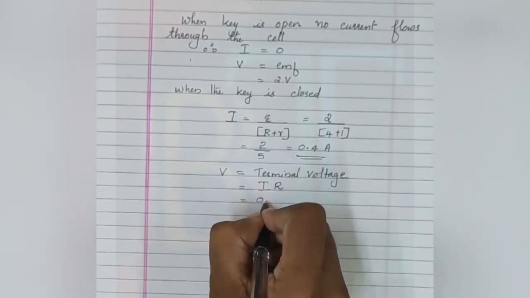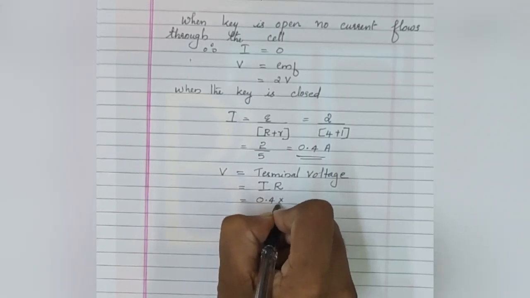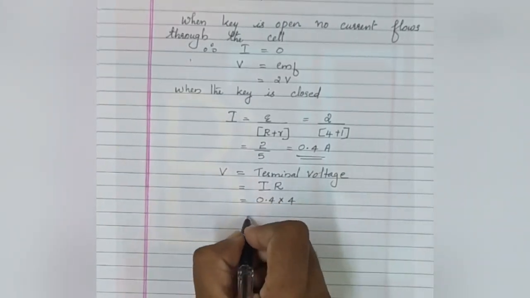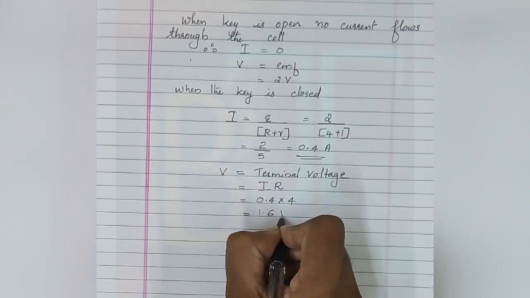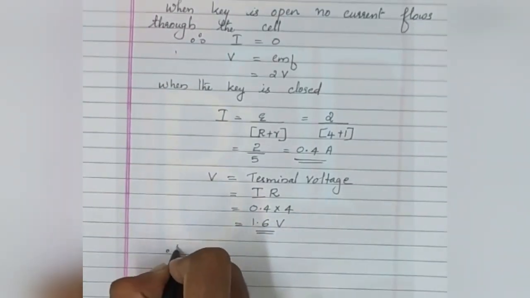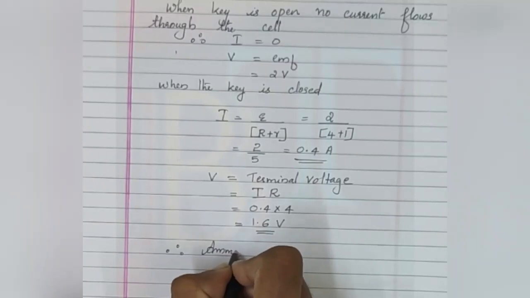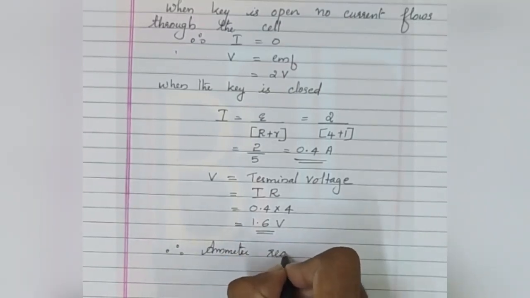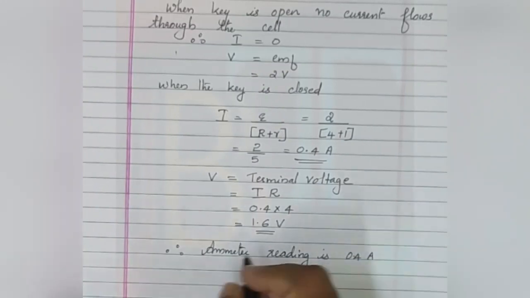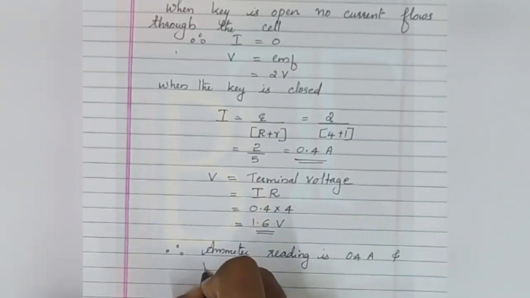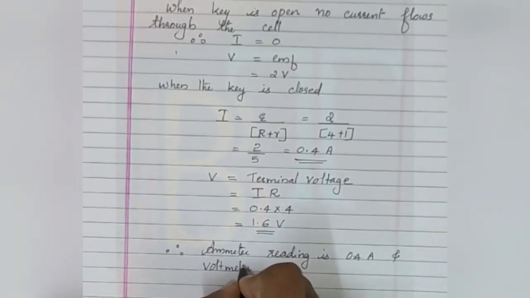So current is 0.4 and external resistance is 4. Hence 0.4 into 4 is equal to 1.6 volt. Therefore, ammeter reading is 0.4 ampere and voltmeter reading is 1.6 volt.